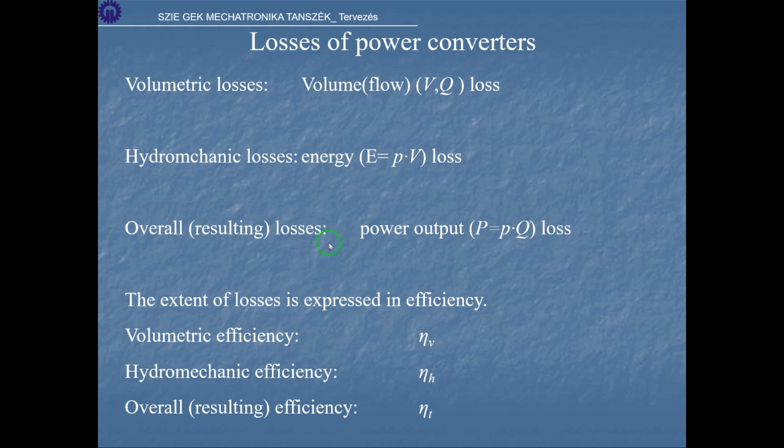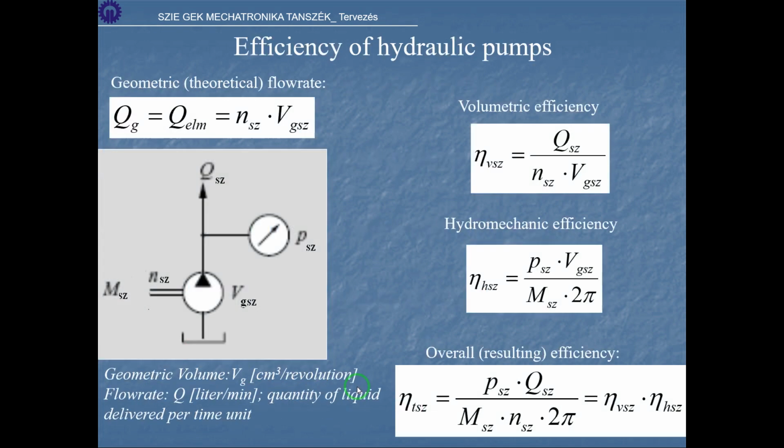Okay, so if we have losses, we can determine the efficiency of the devices. So we have volumetric efficiency, hydromechanical, and overall efficiencies. Okay, and in the case if we have a hydraulic pump, we can calculate these efficiencies. But first things first, we have to cover what is geometrical volume.